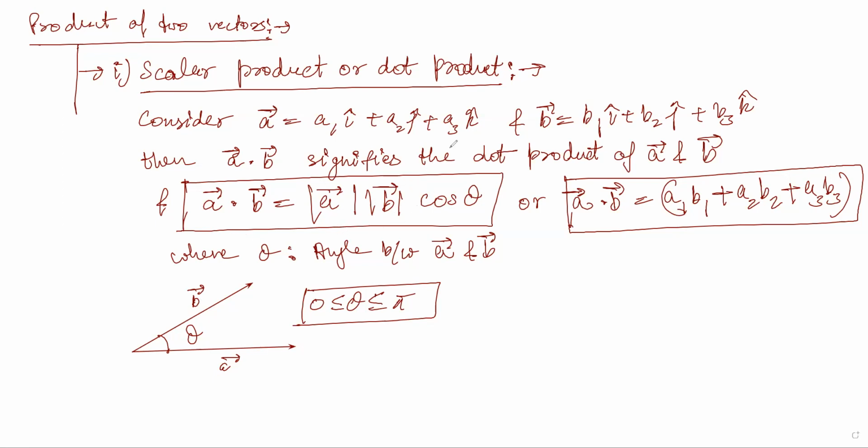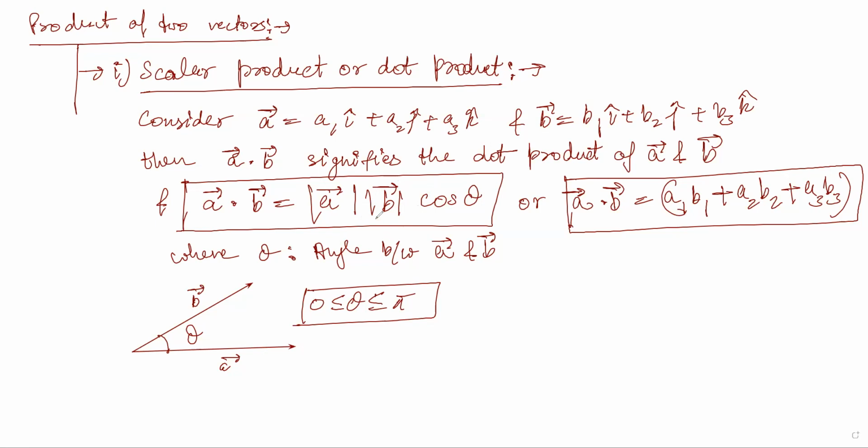Or in most cases, you will be given the vectors only. So if vectors are given directly, then A dot B is very simple, and you can understand it very easily.